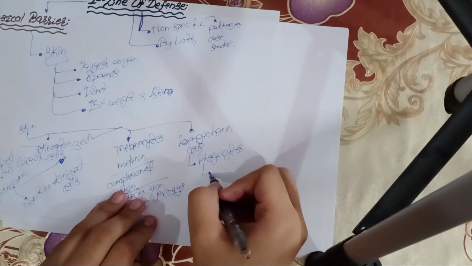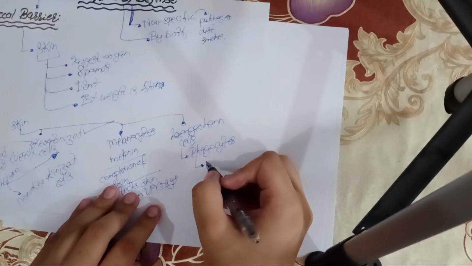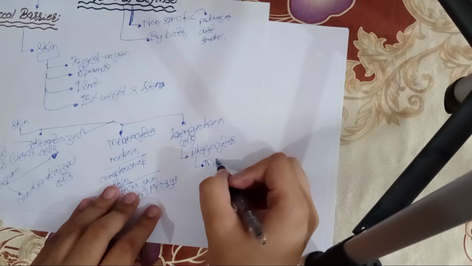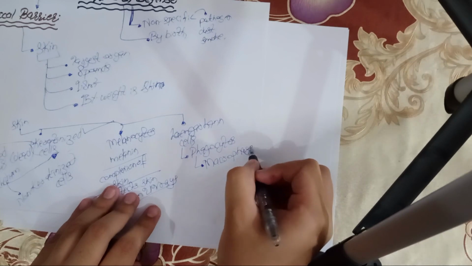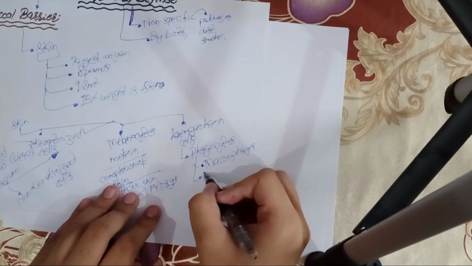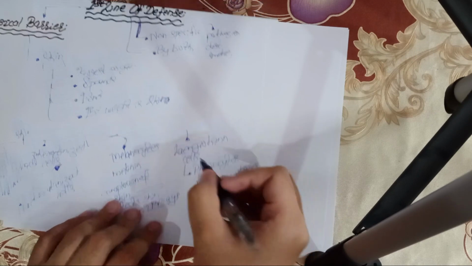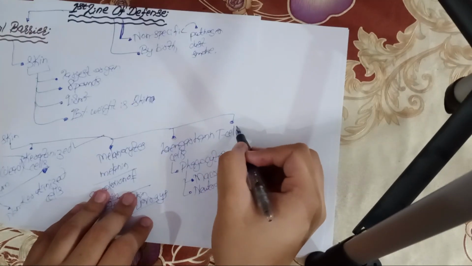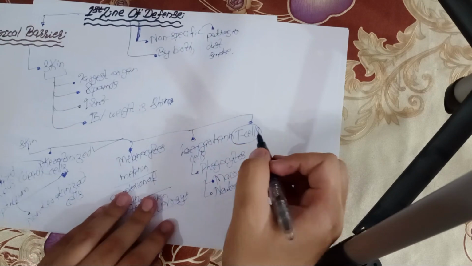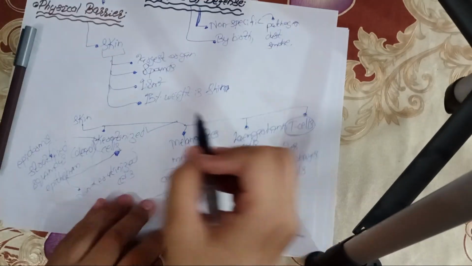Phagocytes can be of many types, which includes macrophages and neutrophils, while the fourth type is the T cells. The T lymphocytes are generally present in skin.